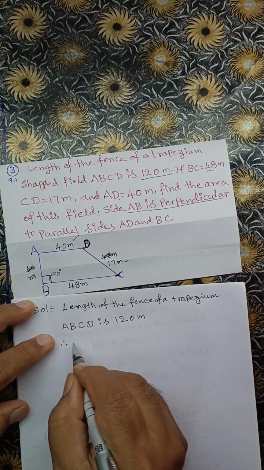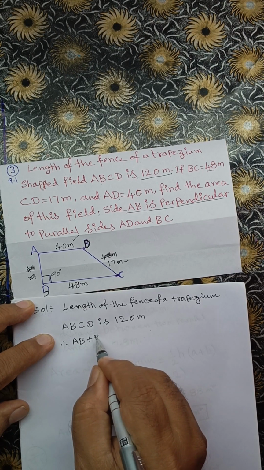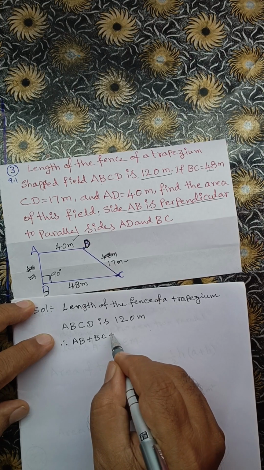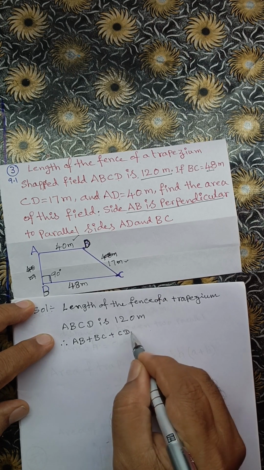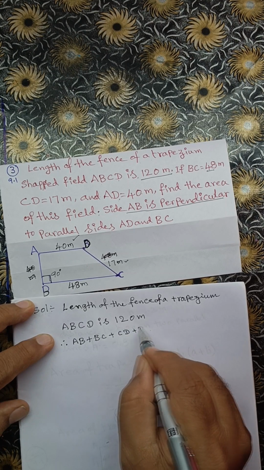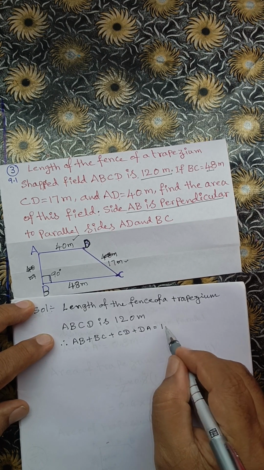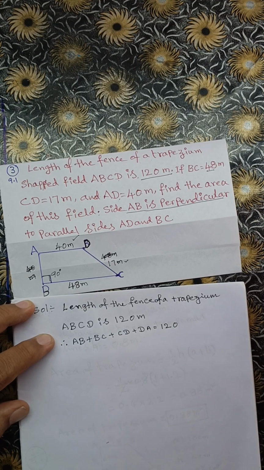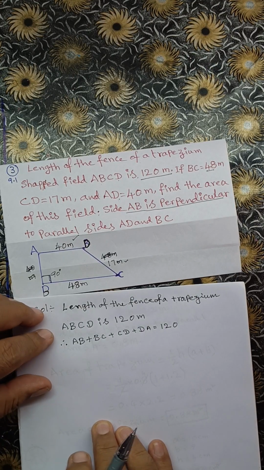Therefore, AB plus BC plus CD plus DA is equal to 120 meters.